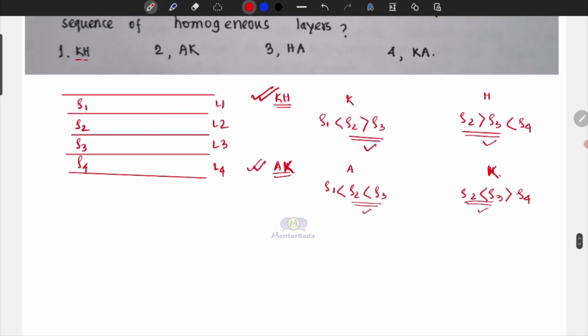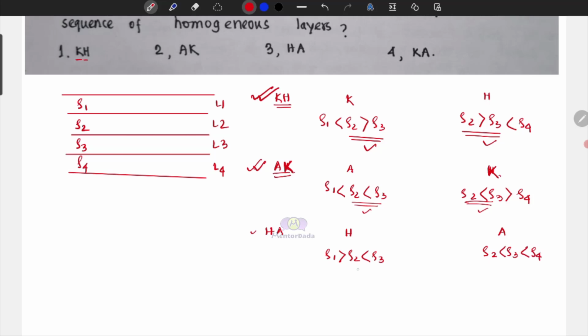Now consider option number 3. So this is HA. Here again there are 2 parts, H and A. For H, we consider the first 3 layers. So for H, rho 1 is greater than rho 2 less than rho 3, and for A, rho 2 is less than rho 3 less than rho 4.